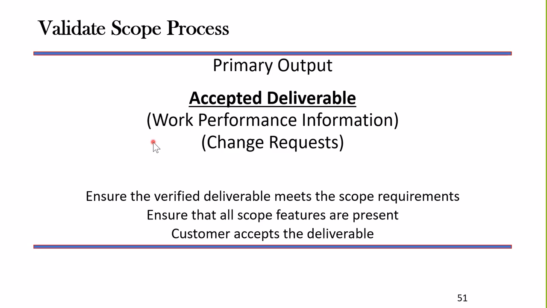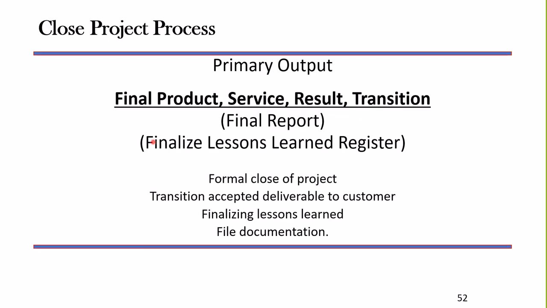Validate Scope. Then that accepted deliverable, which is an output of Validate Scope, flows as an input into Close Project or Phase. And this is where we transition that deliverable to the customer. The customer is going to take full ownership of it. We'll do any transition things that we need to do to make sure that the customer has full control of that deliverable.